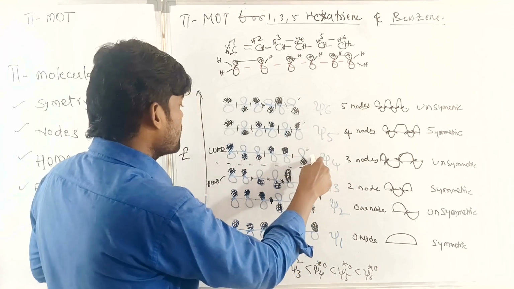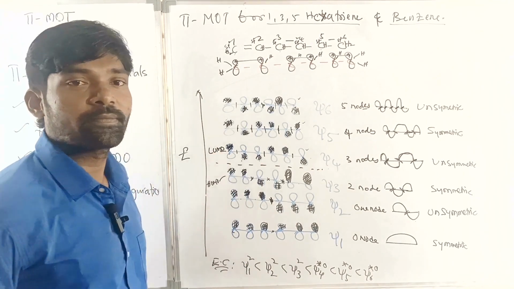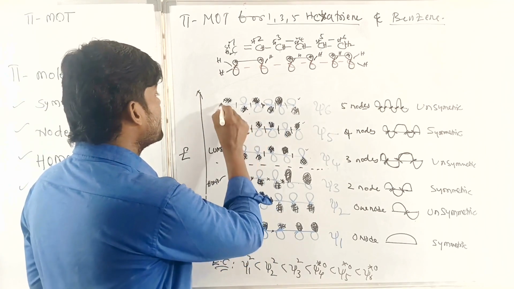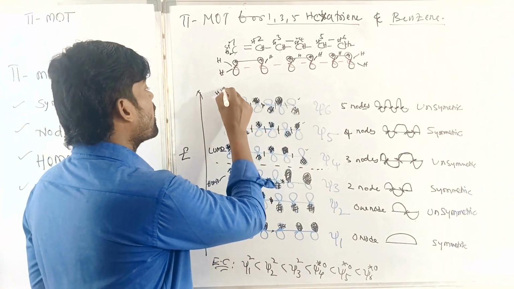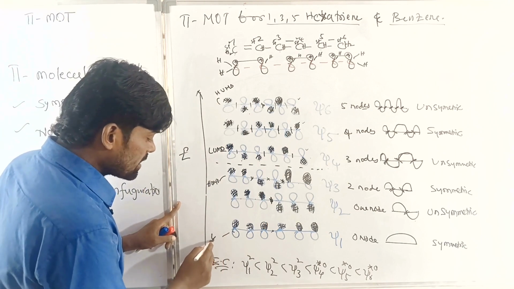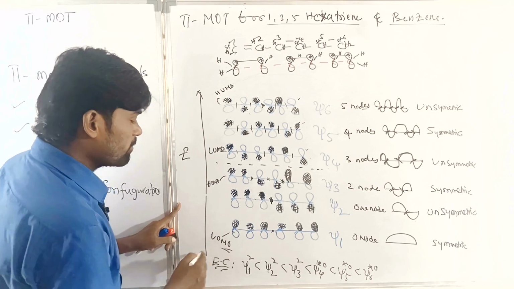Fine. That's why psi 4 is the lowest unoccupied molecular orbital. Clear?